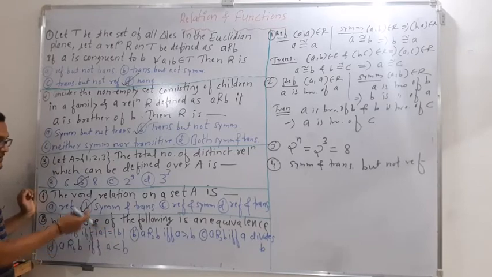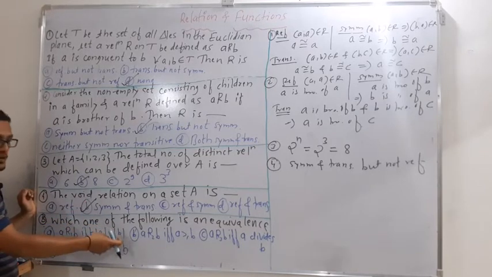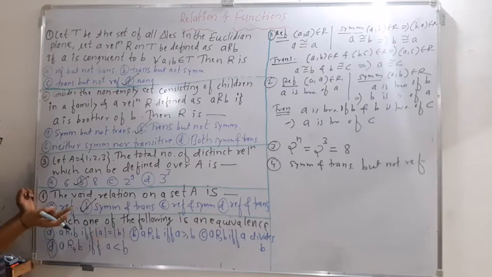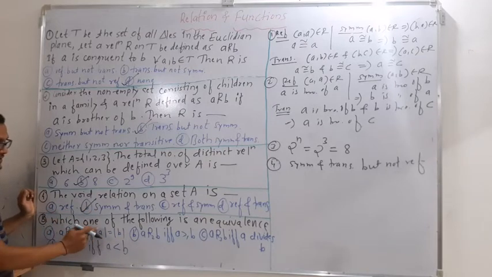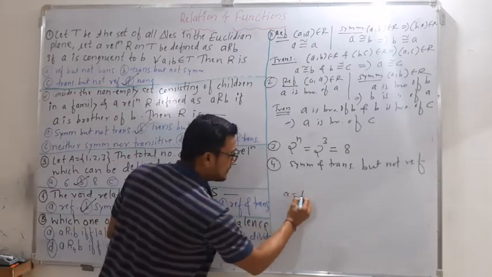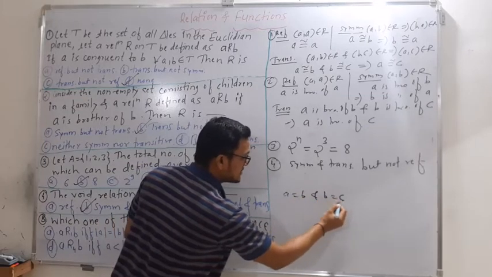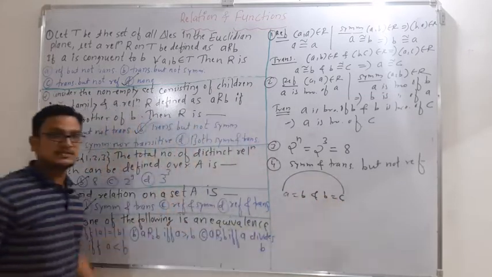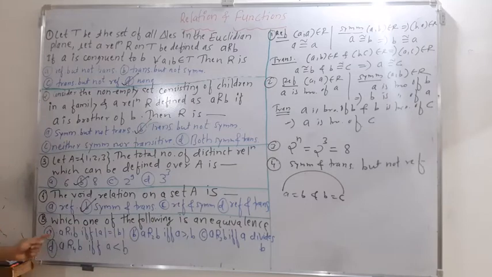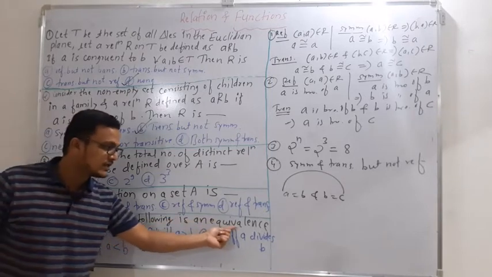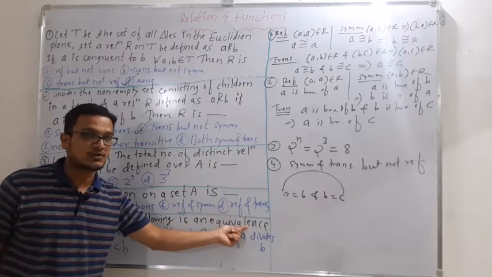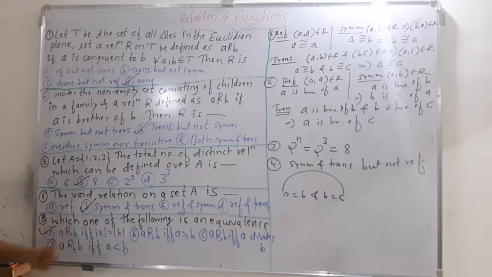Then if A equals B, then obviously B also equals A, it is symmetric. Then for transitive, if A equals B and B equals C, then obviously it implies A equals C, it becomes transitive. Therefore option A will be correct, because all three conditions are satisfied, and therefore it becomes an equivalence relation. Okay, I hope you understood these questions.